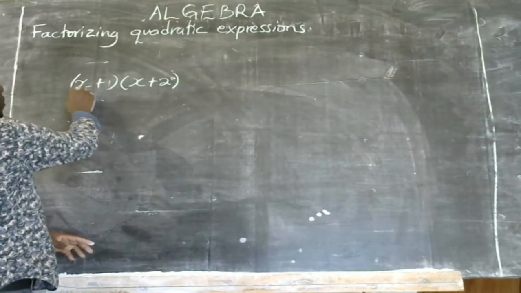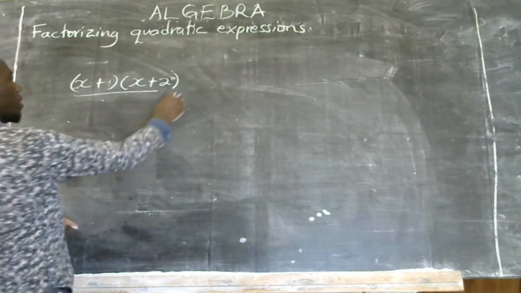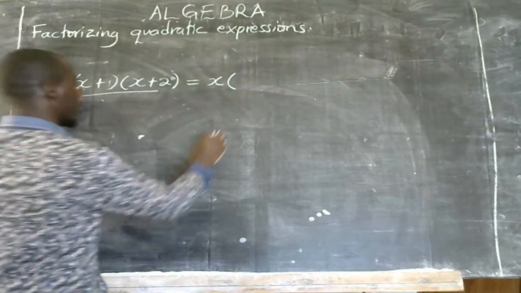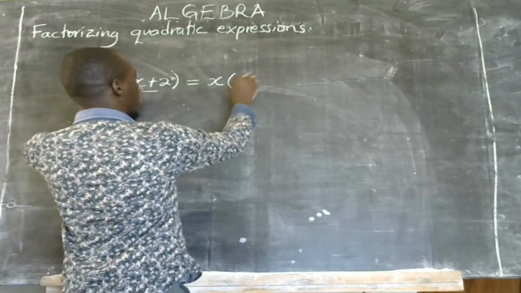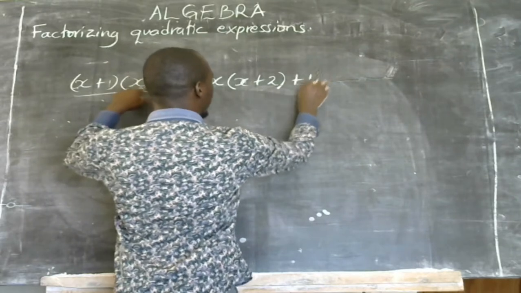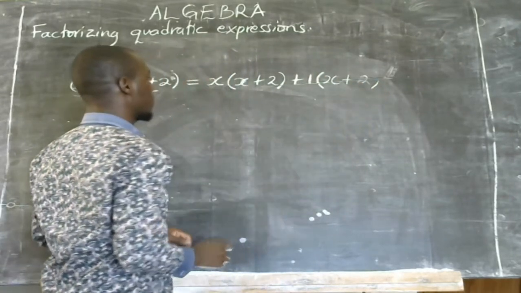So that is what we had in that example of the expansion: x multiplied by the bracket x plus 2, then plus 1 multiplied by that bracket x plus 2.